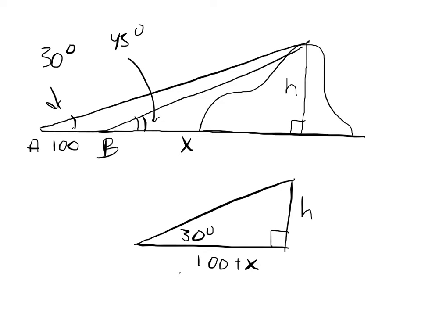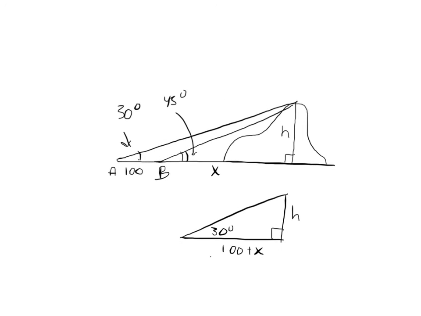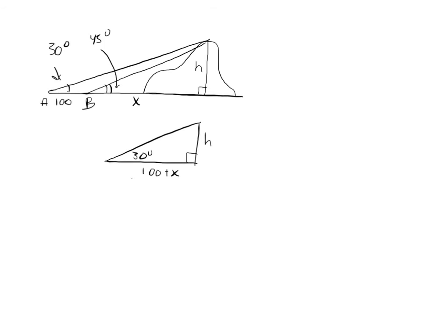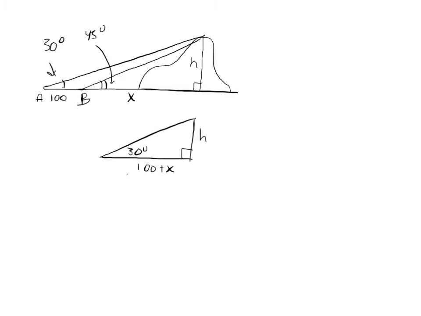I have another triangle as well, and that triangle runs from B and H. I've got a right triangle here, so that right triangle looks something like this. Dimensions are H, here's my right angle, this is X, and this was 45 degrees.